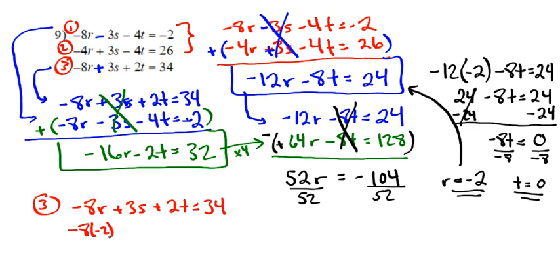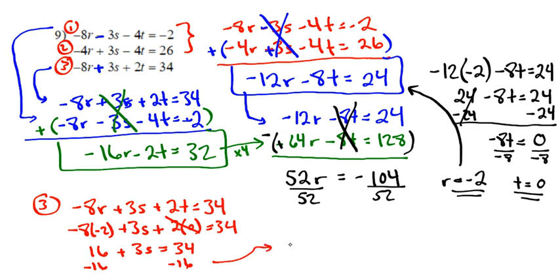Now I know 2 of them, so I'm going to plug in the ones that I know. And that's just 0. This becomes 16 plus 3s equals 34. Subtract 16 from both sides. This will be 3s equals 18. Divide by 3, and get s equals 6.